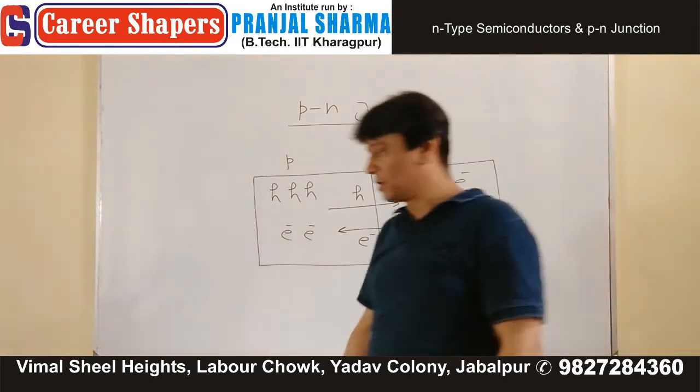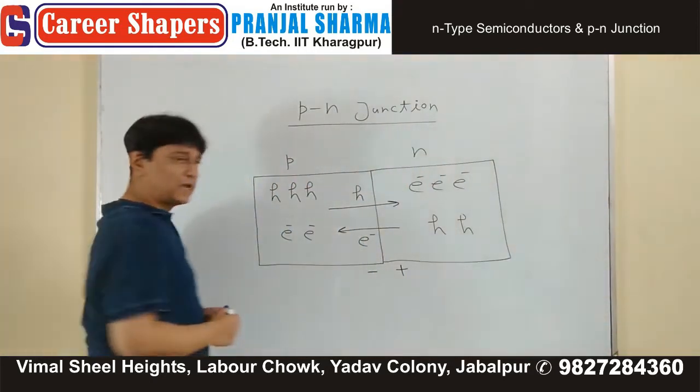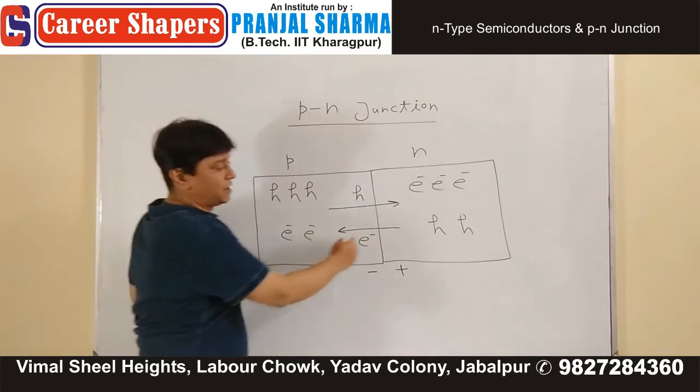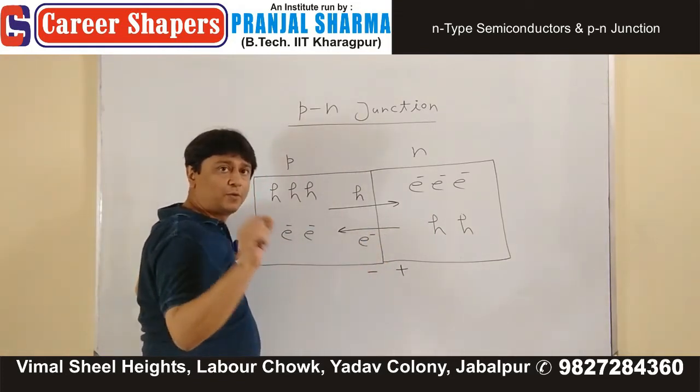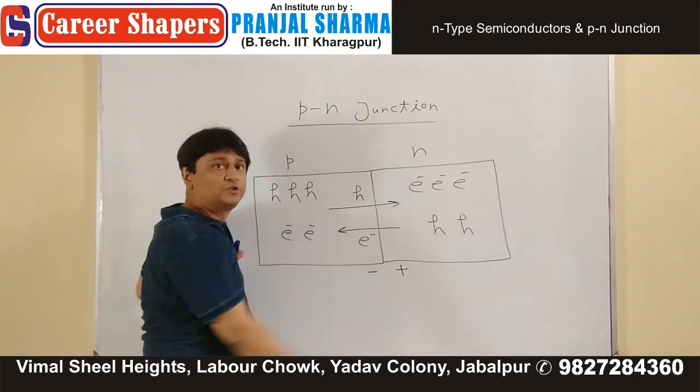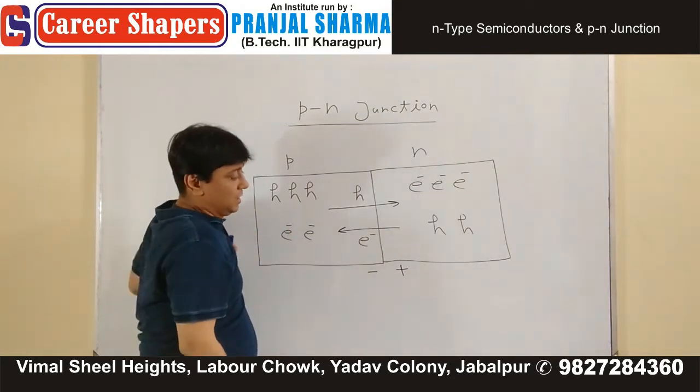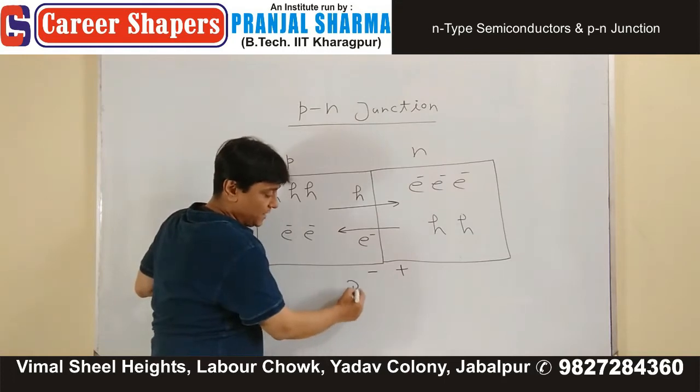And when further diffusion stops, we say that there is a barrier present at the junction, and this barrier is opposing flow of charge carriers. This barrier is called potential barrier.